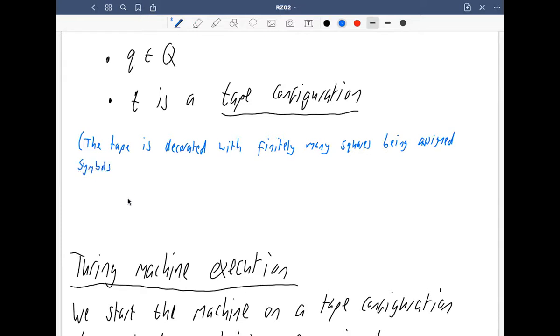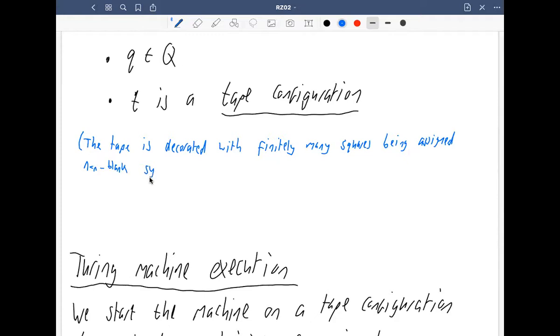So basically what I want to say, and I should have just written it in these simple terms, is there are finitely many non-blank squares on the tape. But we're interested in the whole configuration of the tape, namely the precise description of what symbol is on every square of the tape, but only finitely many of them are non-blank. Finitely many squares being assigned non-blank symbols.